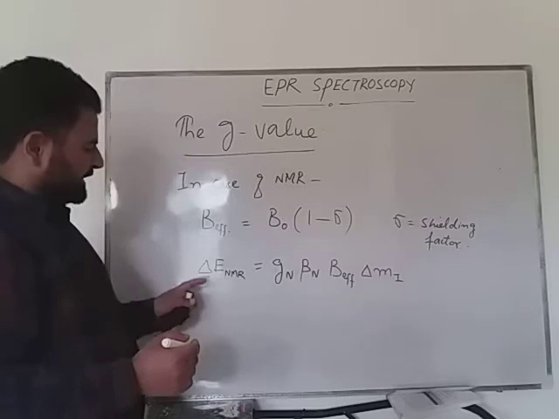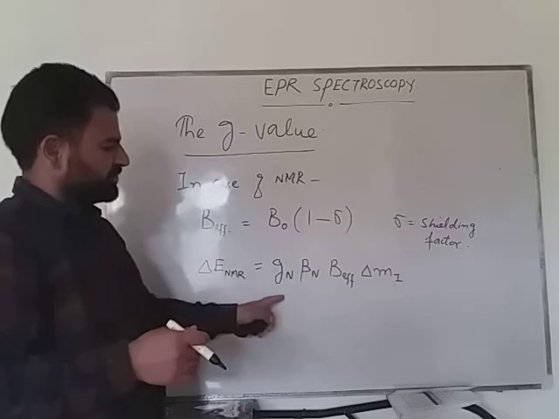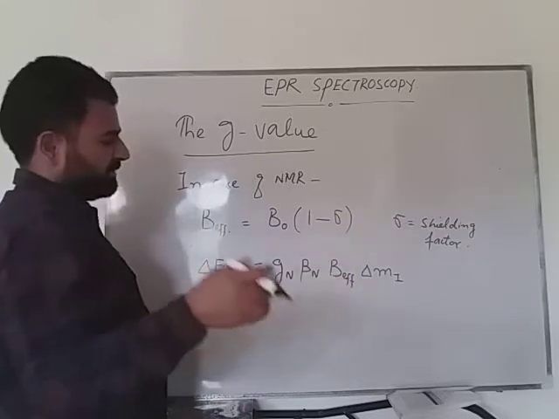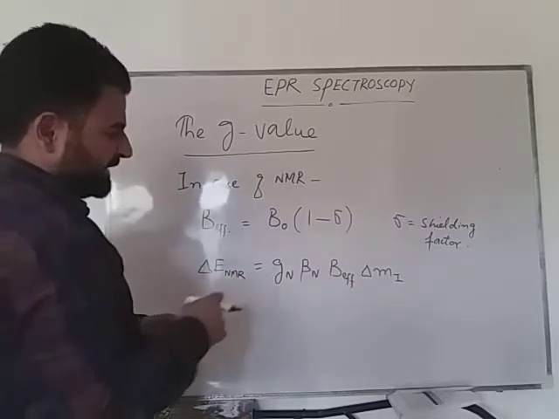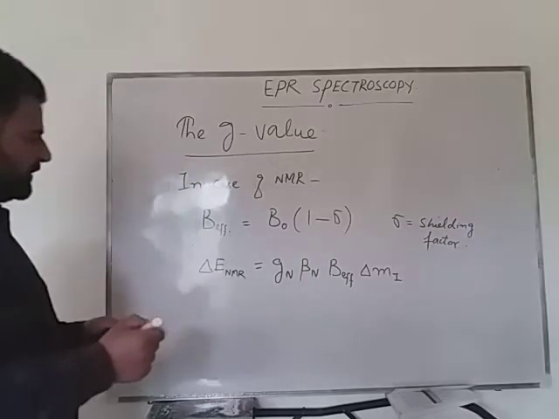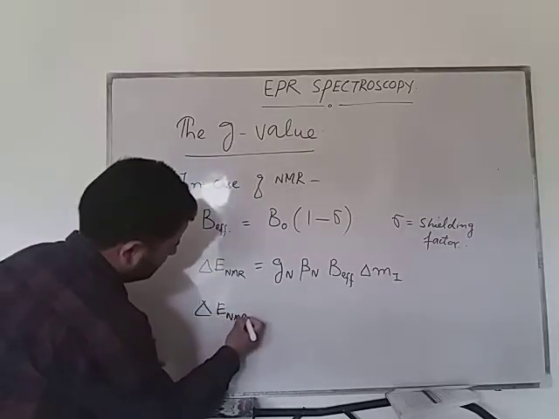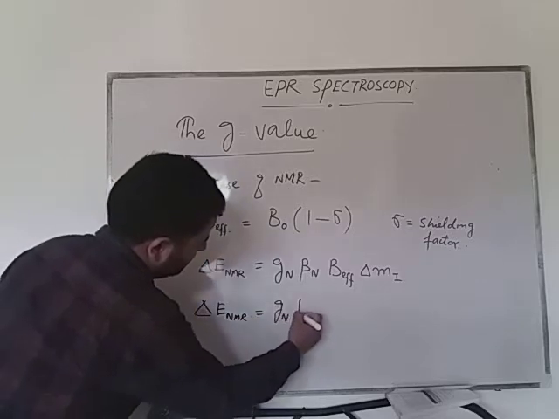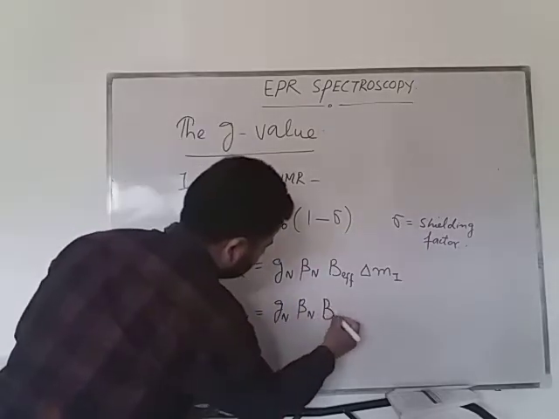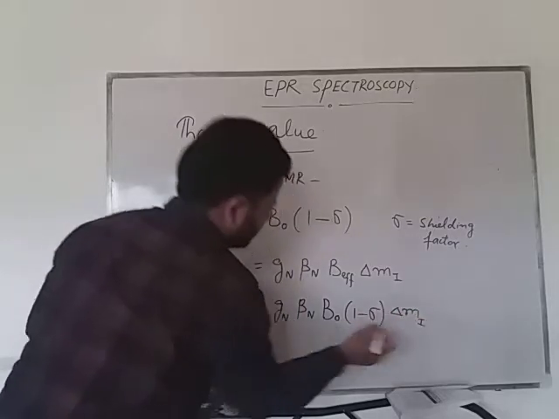In NMR, the change in energy between the two energy levels will be equal to Gn beta n B effective delta mI, because B effective is the actual magnetic field felt by the nuclear spin. Delta mI is the change in the nuclear spin quantum number. So delta E NMR is equal to Gn beta n, for B effective we write B naught 1 minus sigma, delta mI.